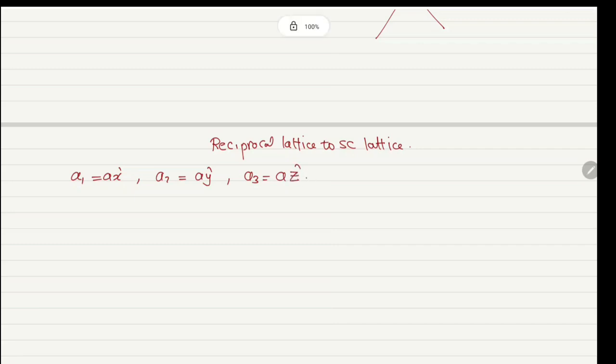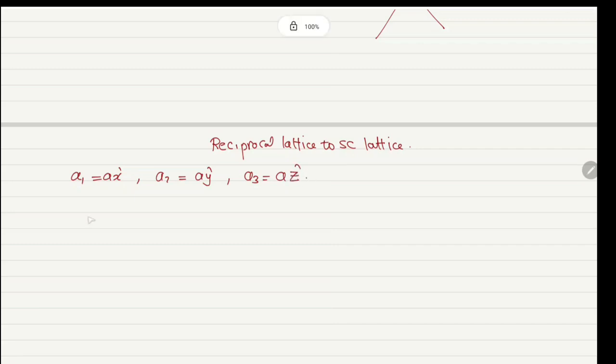Now let's define the reciprocal lattice to the simple cubic lattice. Now remember, the primitive translation vectors of the simple cubic lattice are a1 equal to a x hat, a2 equal to a y hat, and a3 equal to a z hat.